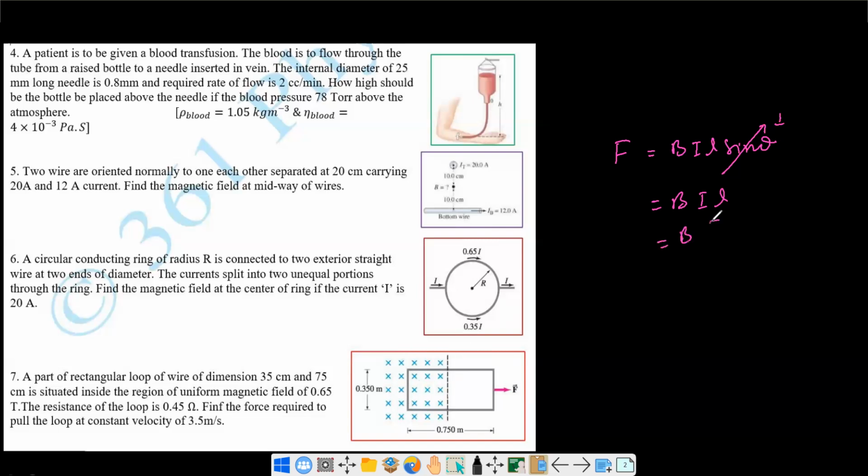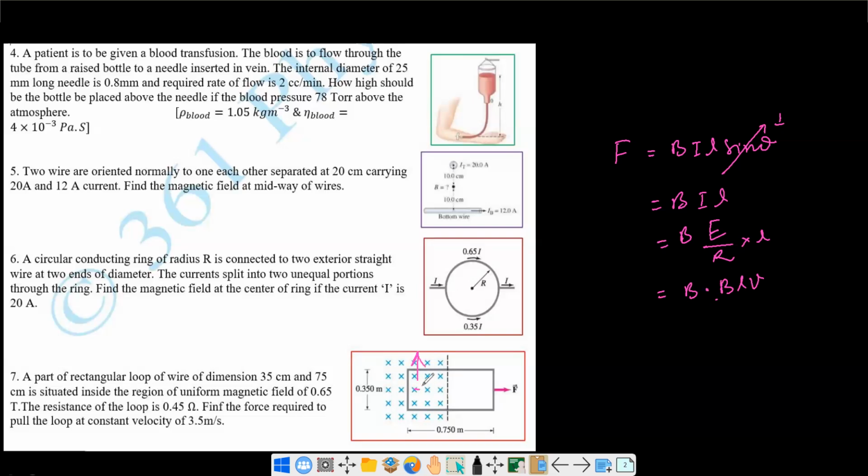I equals induced EMF divided by the resistance, where the resistance is resistance times length. So E, the EMF, is BLV sin theta. Again sin theta is not necessary because the area vector swept out, the magnetic field is inside.